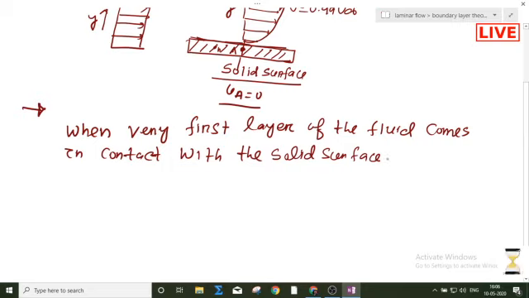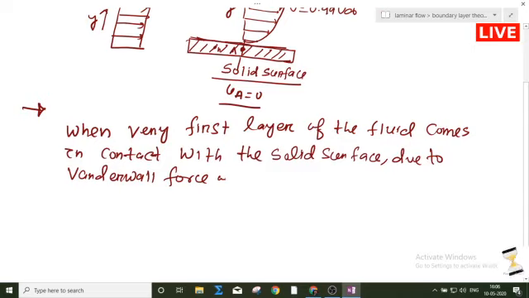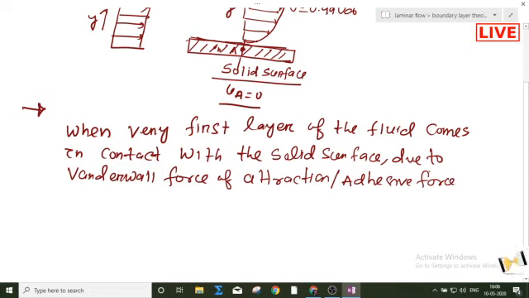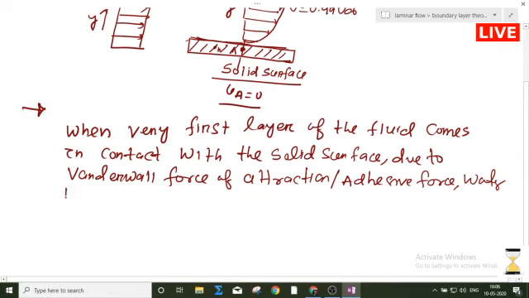Due to the van der Waals force of attraction, or I can say due to the adhesive force between these water molecules, the water layer and the solid surface, the water will stick to the solid surface.